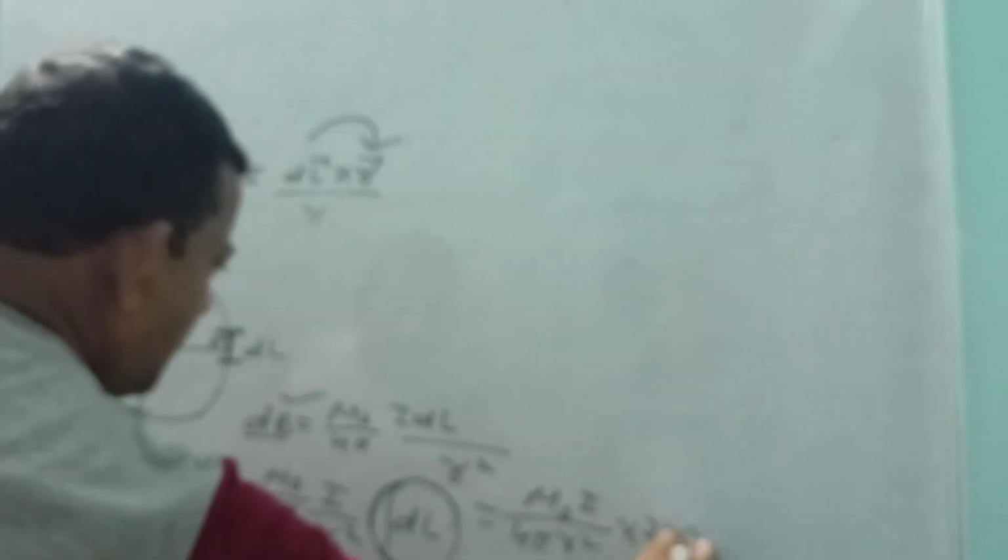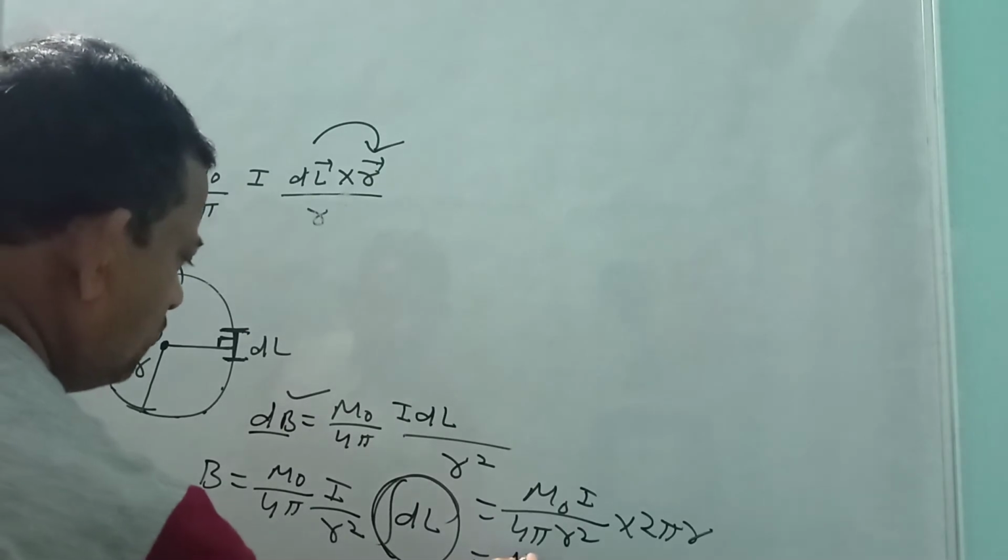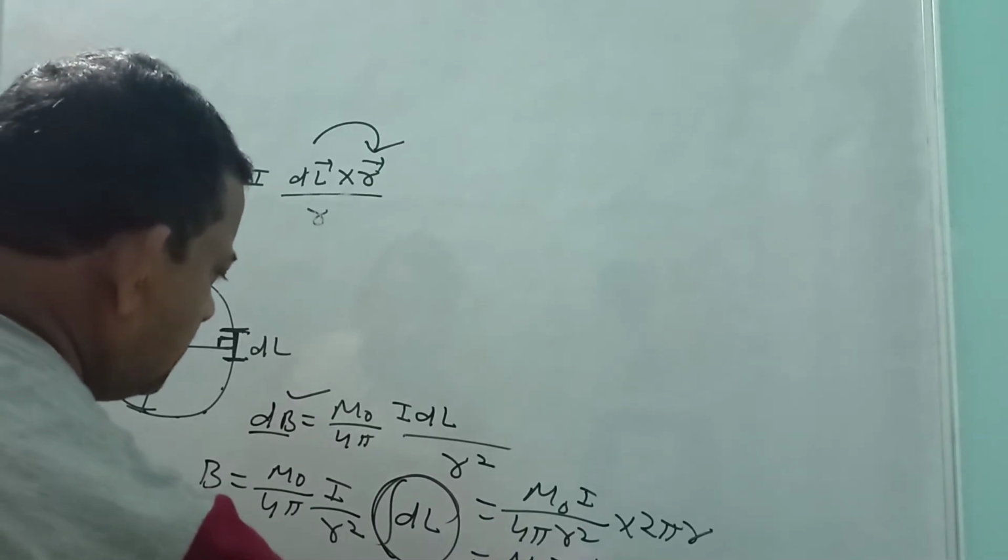This is integration of dl because I is constant. R is the radius. Of course, this is a small r. Anything you take, either capital R or small r, no problem. After integration, this is nothing but 2 pi r. So that is mu naught I by 4 pi r square into 2 pi r. This gives you mu naught I divided by 2r.